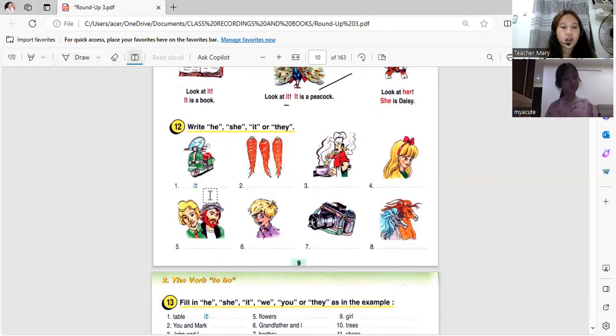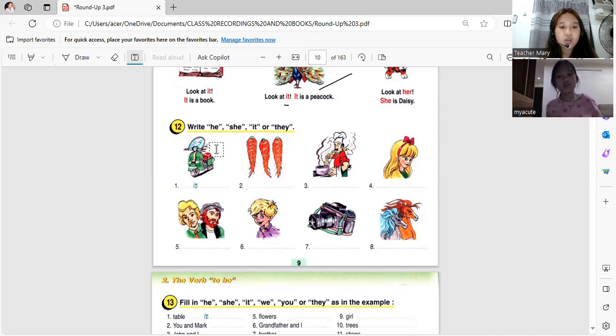For number one, it is a thing. So, we will use it. Alright? So, for this one, this is a chili. So, this can be called also as a thing.